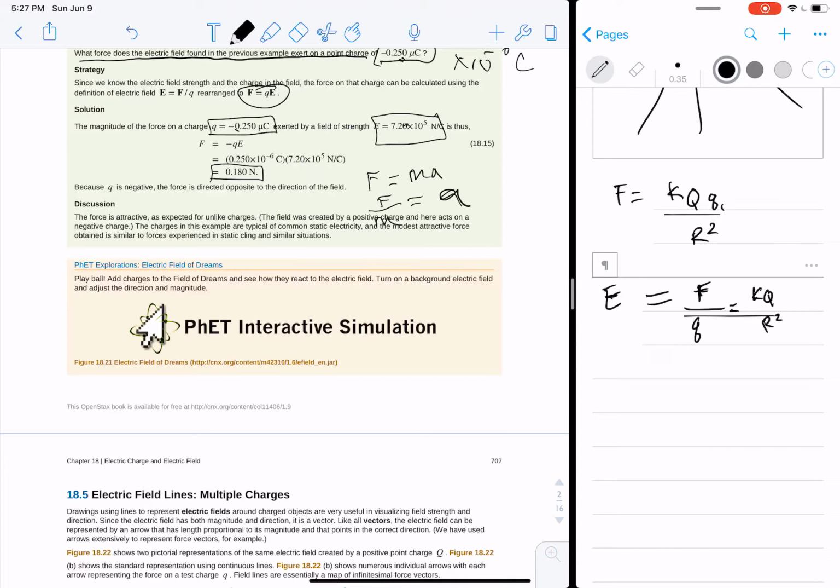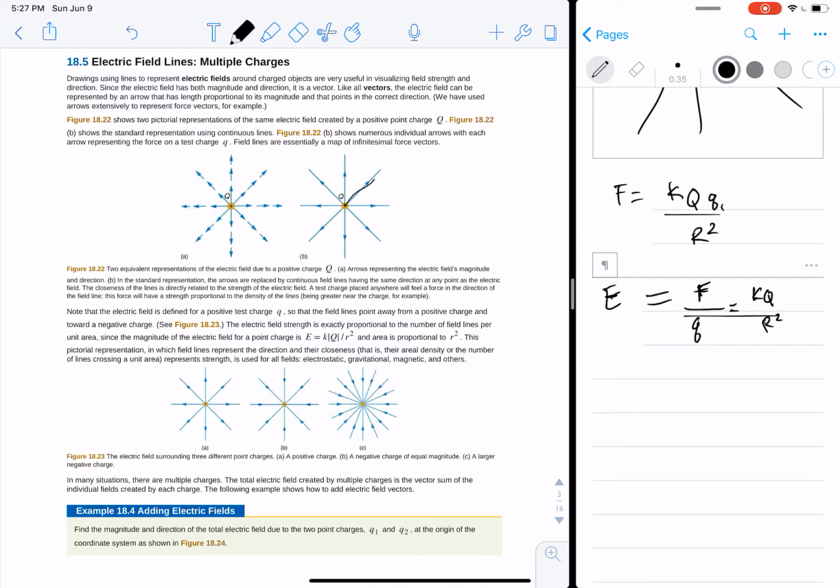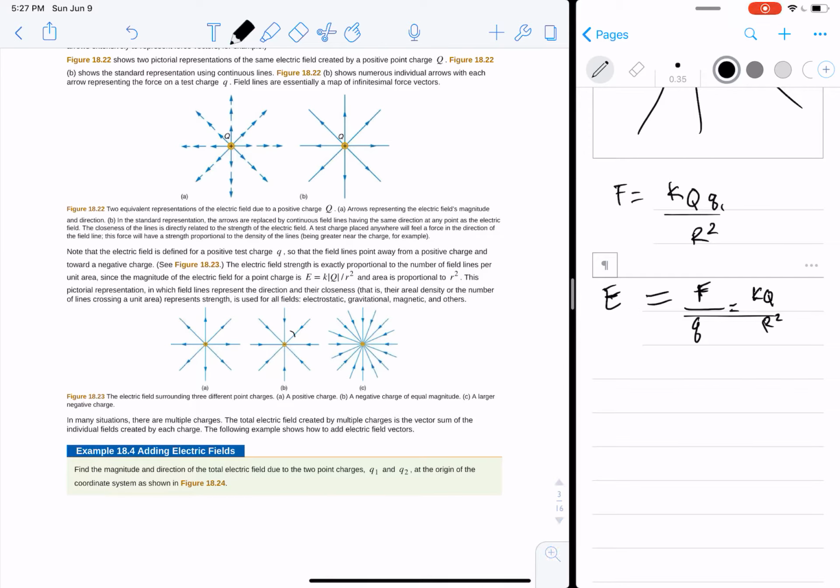Okay. So section 18.5. The way we characterize the strength and properties of an electric field is with lines that are always pointing away from the charge. If it's a positive charge, the arrows always move away. If it's a negative charge, as you can see right here, the arrows are always pointed towards it.